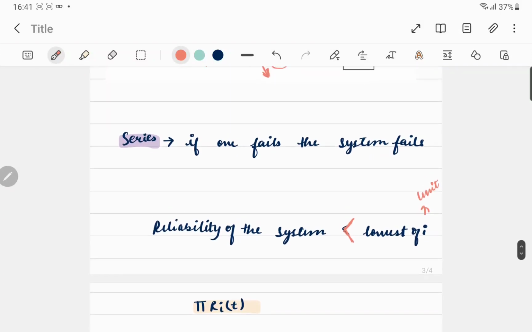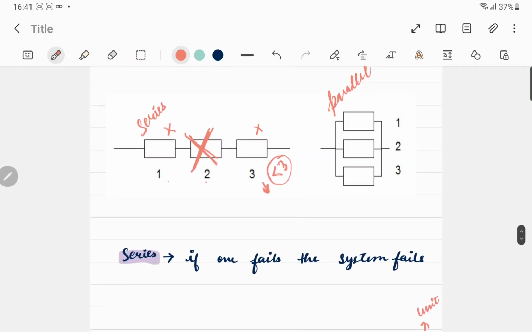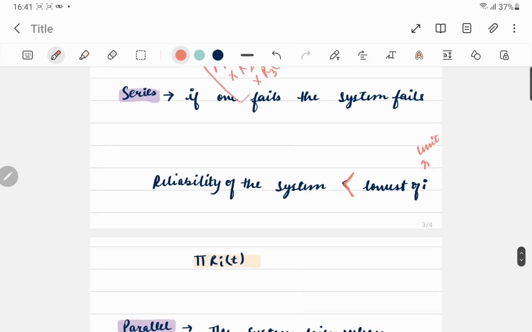Okay. And for this particular case, that is the series case, the reliability function is nothing but multiplication of the reliabilities of all the units that we have. So it will look something like this as defined in this function. So it's basically multiplication of all Ri's.